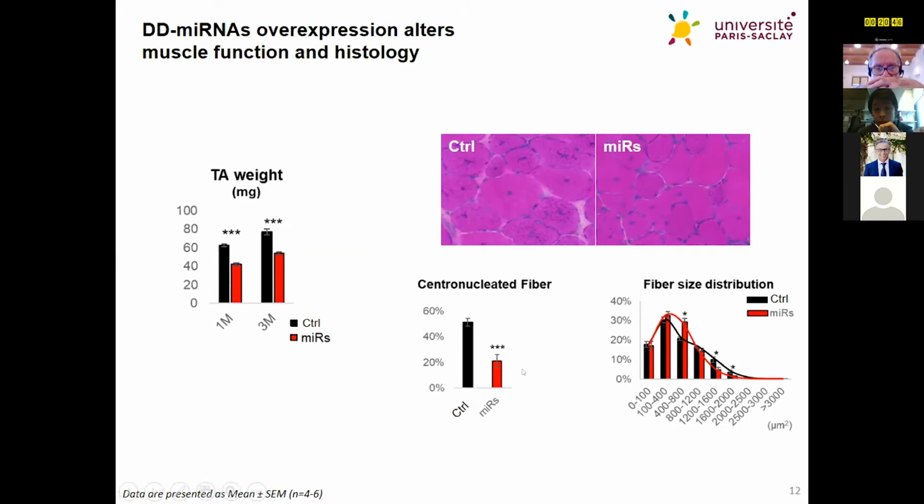But with the presence of the microRNA, the percentage of centrally nucleated fibers was reduced by more than half. And the fiber size distribution also shifted accordingly to the size and the weight of the muscle.